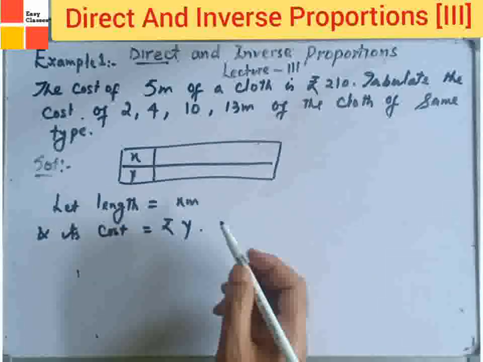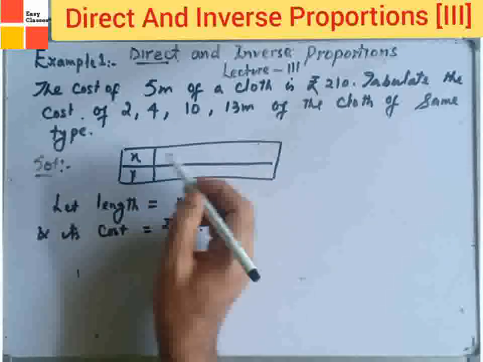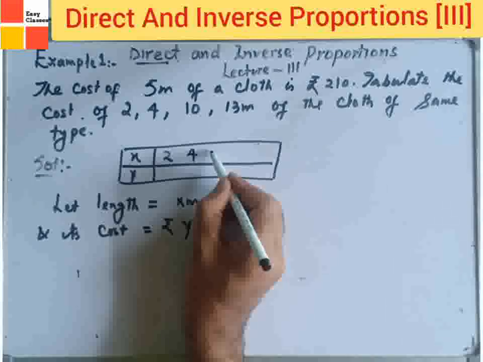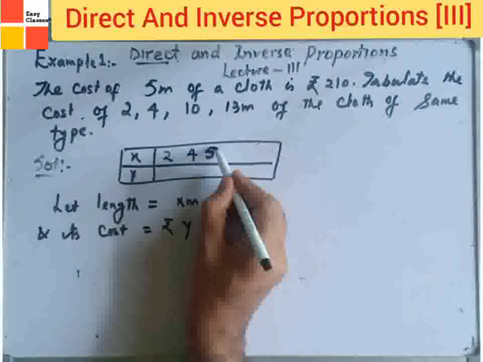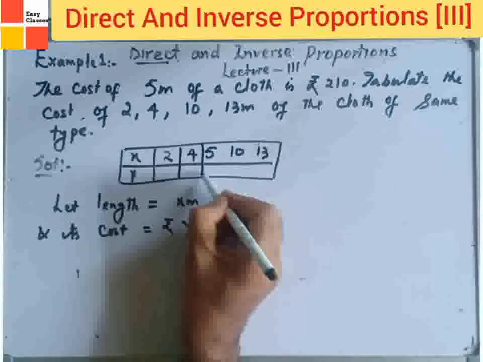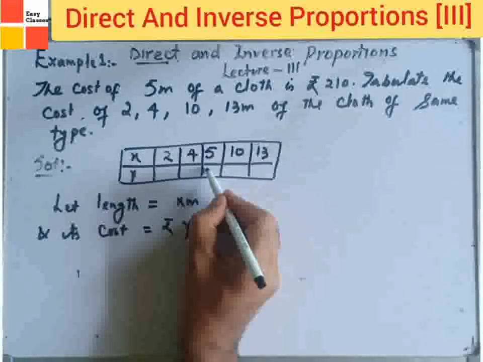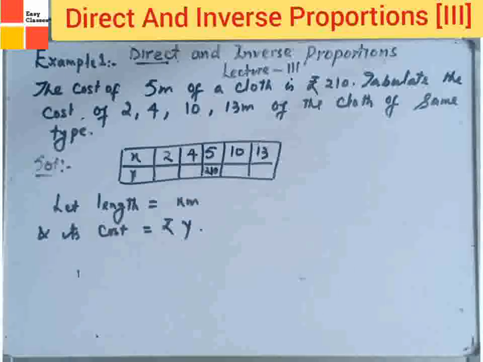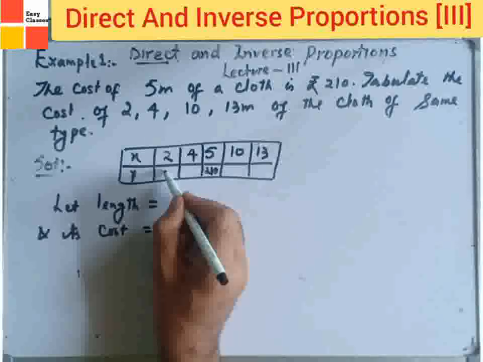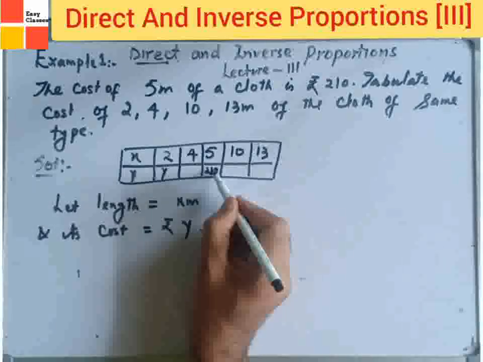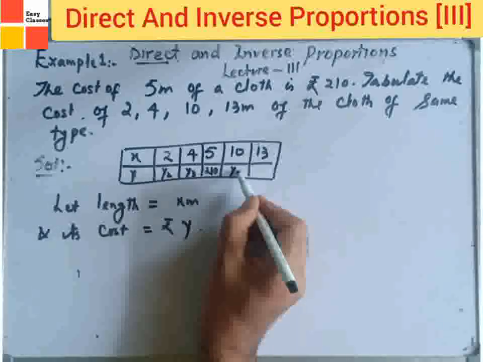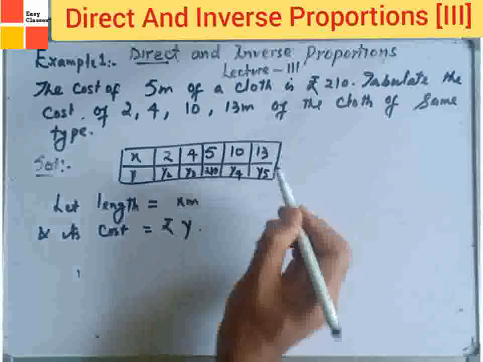Here x is, for example, 2, then 4, then 10, 5. 5 meters is given already, 10 and 13. We know the cost of 5 meters, it is 210, and we do not know the values of y. For example, this is y1, this is y2, this is y3, this is y4, and this is y5.